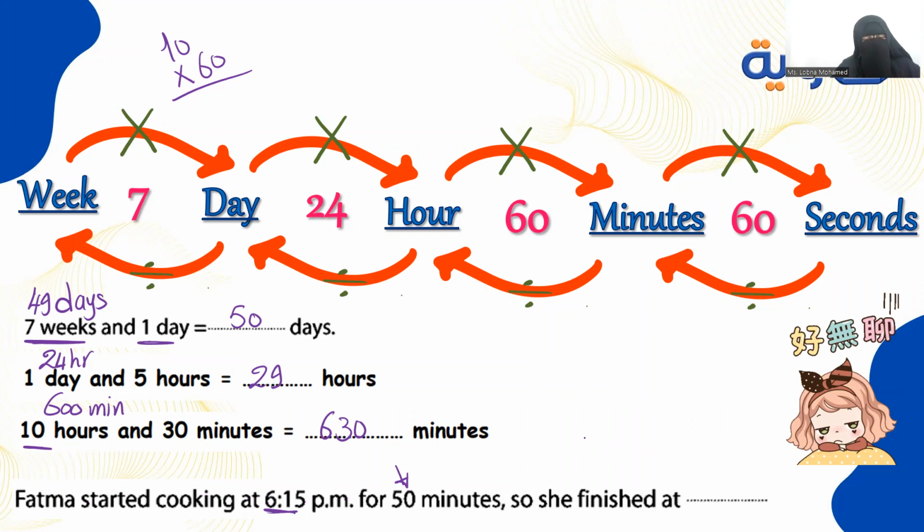How can we do this? We add 6:15, the first one, plus the time that she spent, which is 50 minutes. So we can add here 50. But what about hours? She didn't have more hours, so 0 in hours. Now let's add them together. 5 plus 0 equals 5. 1 plus 5 equals 6. And 6 plus 0 equals 6.